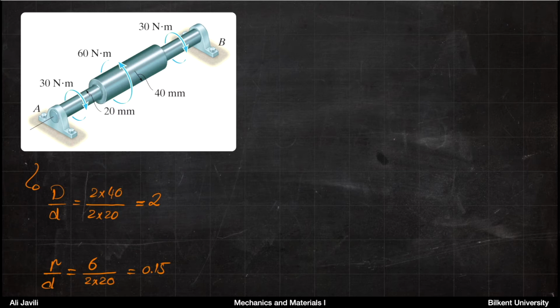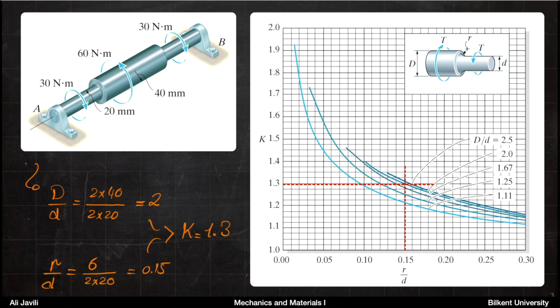And then you also need the ratio of the fillet radius divided by the diameter of the smaller part, or thinner part of the shaft, and that was 6 millimeter divided by 2 times 20, which is, again, 20 is the radius, so 2 times 20 is 40, the diameter, and r over d would be 0.15. So with these two, you can use the graph that we had previously.